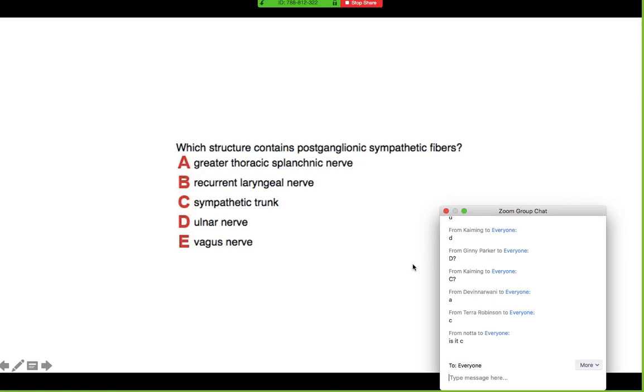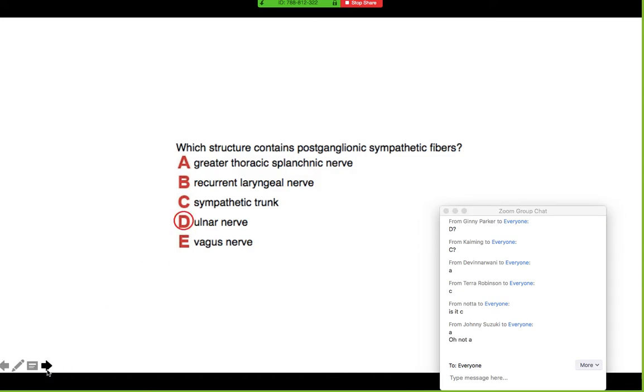Yeah, we're kind of getting a lot of different answers on this one. So the answer is actually D. It's the ulnar nerve. Okay. So the vagus nerve contains parasympathetics. The sympathetic trunk contains preganglionic sympathetic fibers.